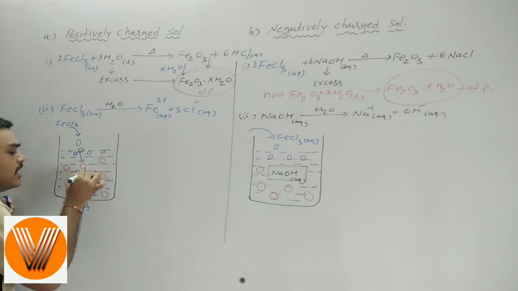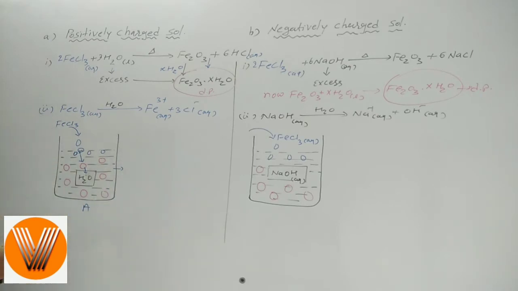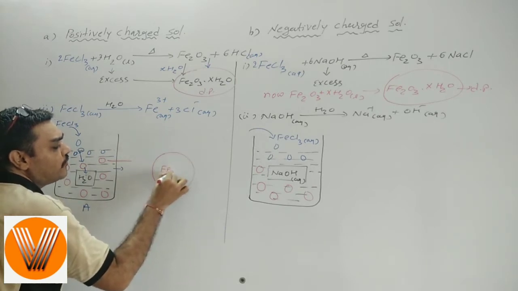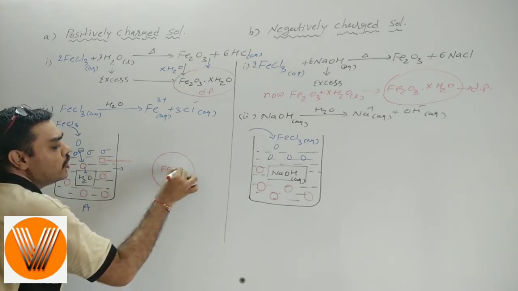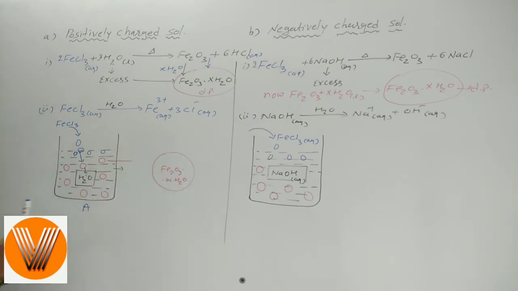This ferric oxide reacts with water and produces a dispersed phase particle like this, Fe2O3·XH2O, and it is heterogeneously distributed in warm water.